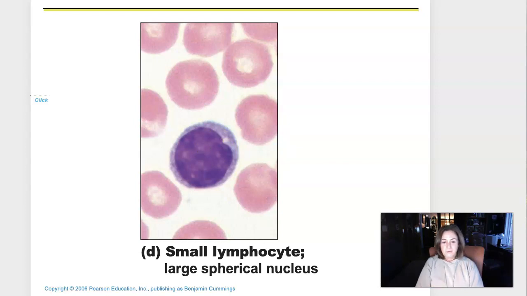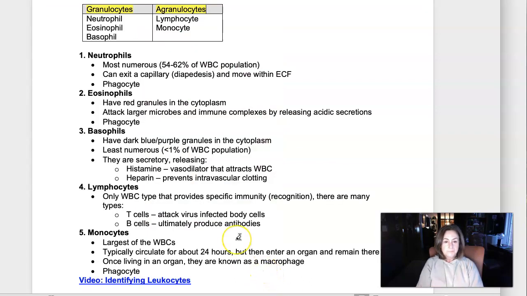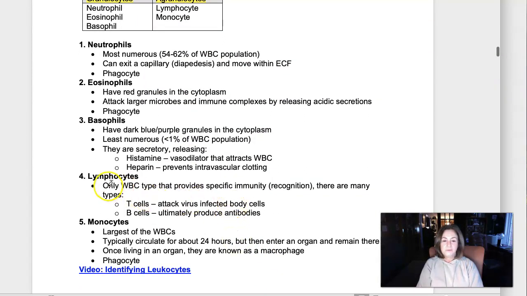I'm going to jump back over to the notes because I mentioned this in the notes. This is the only type of white blood cell that provides specific immunity. In other words, it recognizes what it's attacking, or it learns to recognize what it's attacking. Two main types of lymphocytes, like I said, this is an entire world of information, are B cells.